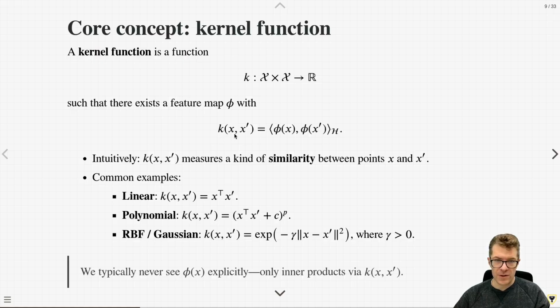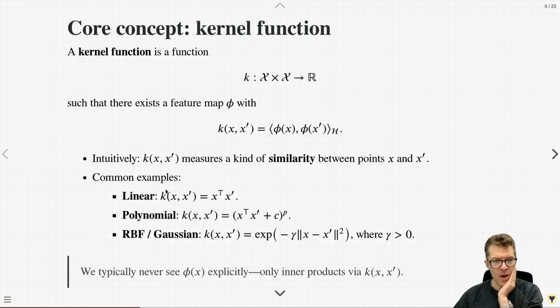So the kernel function of point x and point x prime, so 2 data points in the original space, is just the product of the vectors phi of x and phi of x prime, which gives us the new space fancy h. So intuitively, the kernel function between these 2 points measures a kind of similarity between x and x prime.